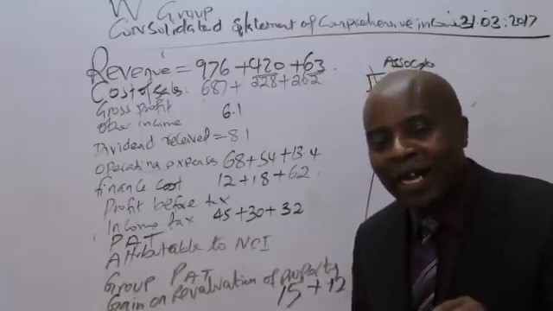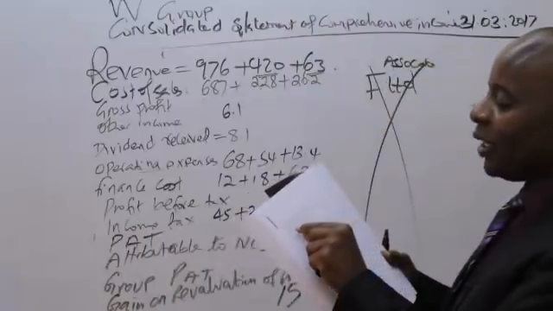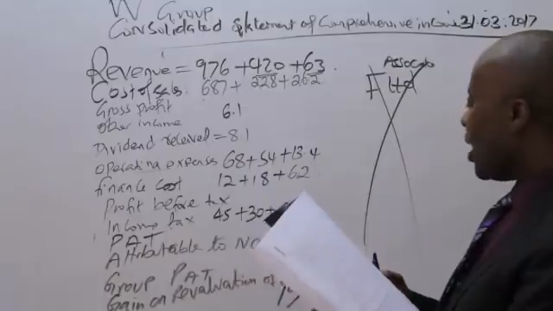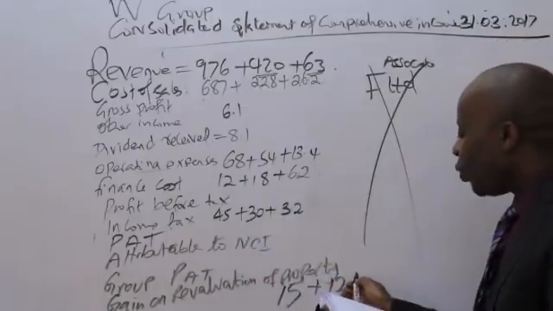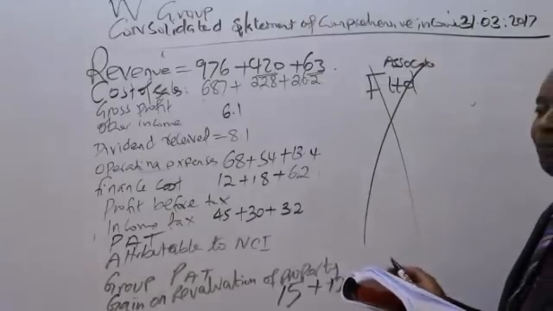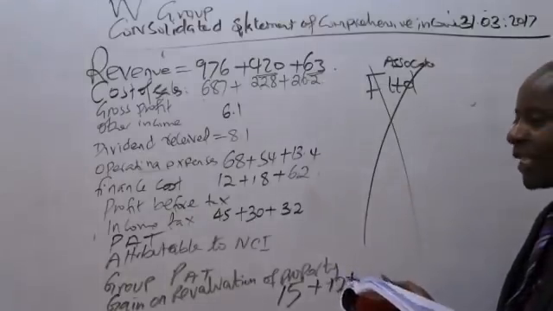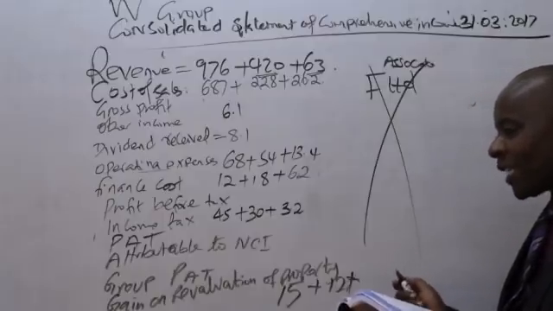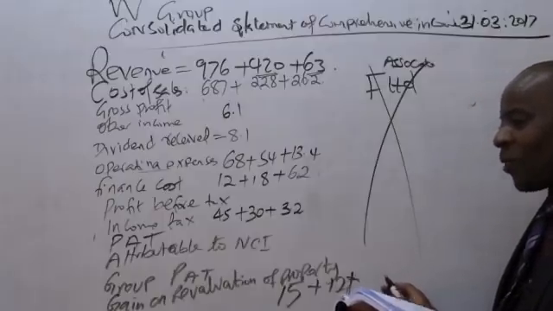A free mark, we have other comprehensive income, a gain on revaluation. So I'll take the 15 plus, do we know the percentage of S? Do you know the percentage of S? 0.6.